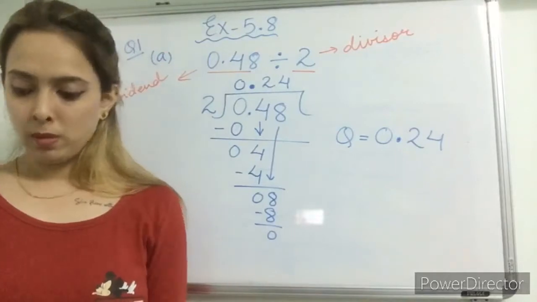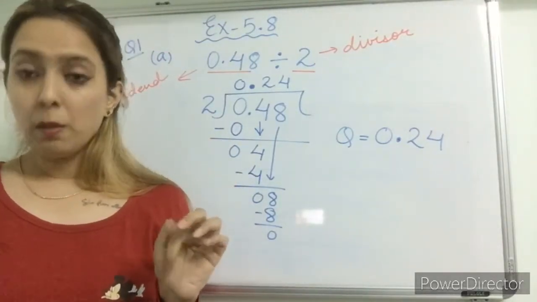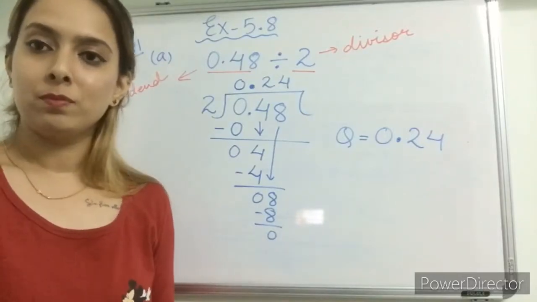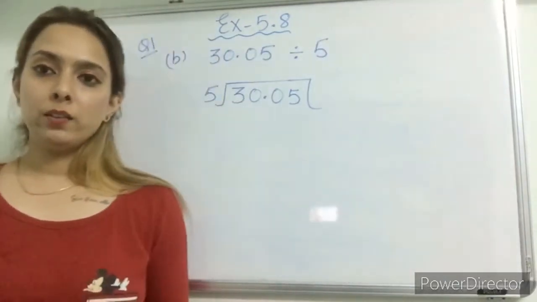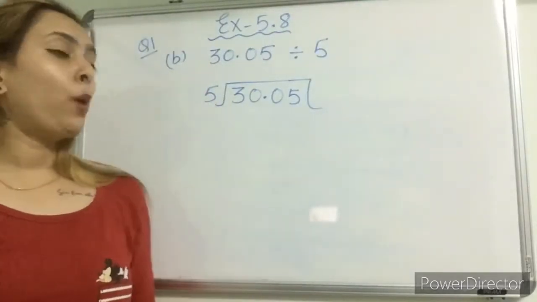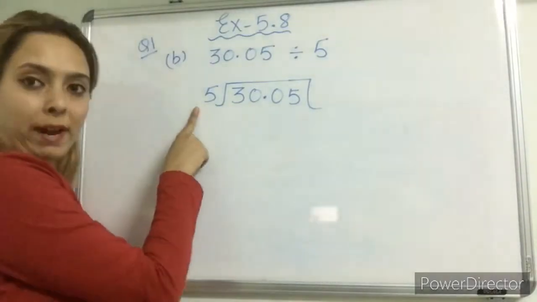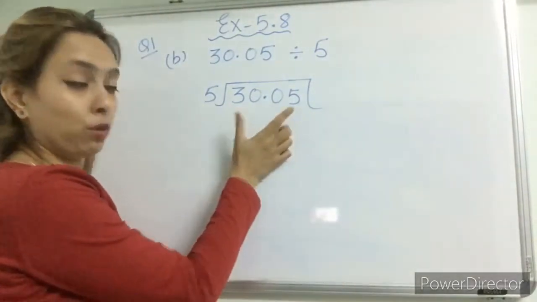It's very simple. I would like to explain one more question, which is the B part. Let's start the division. Question number 1, B part. The question is 30.05 divided by 5. Divisor is 5, dividend is 30.05.